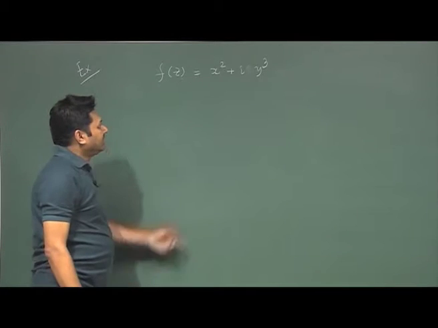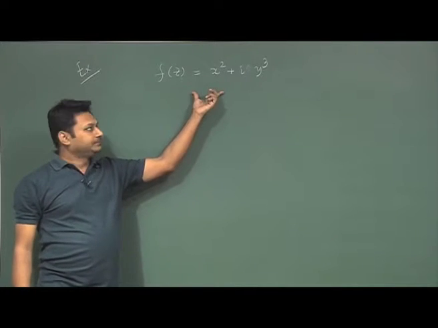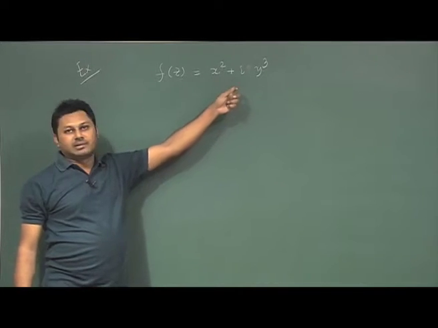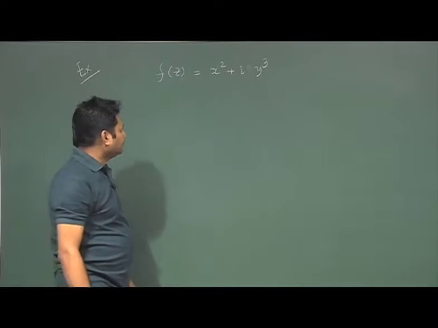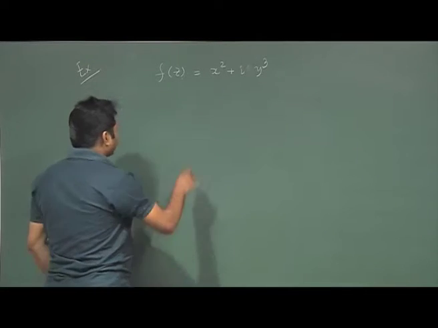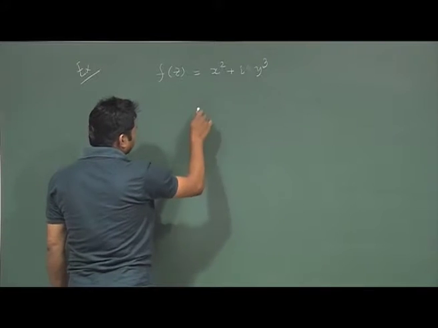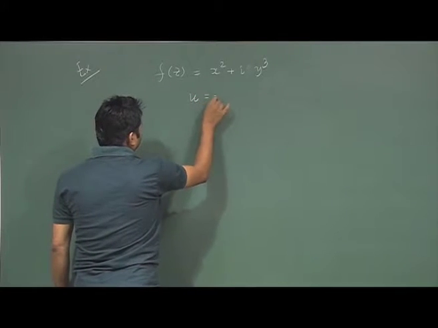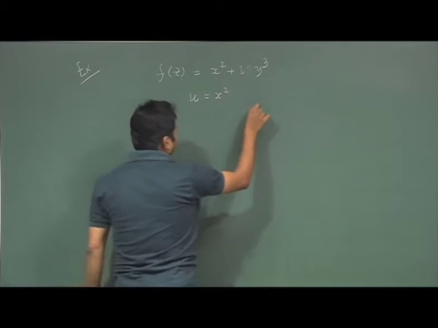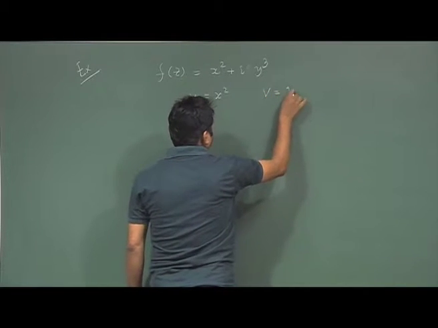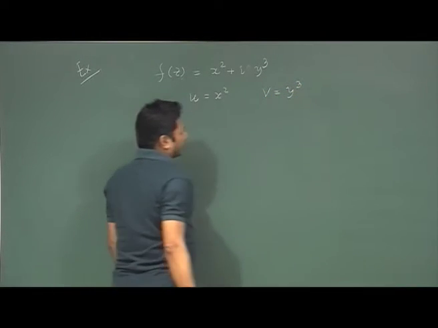Is this function analytic? x square plus i y cube. Now, the standard procedure to find whether a function is analytic or not. So, here u is x square and v is y cube.